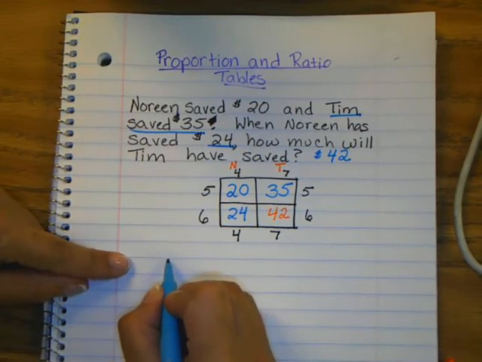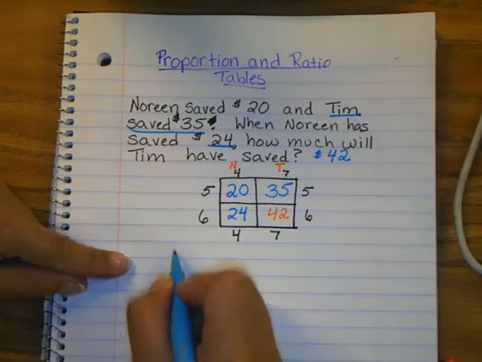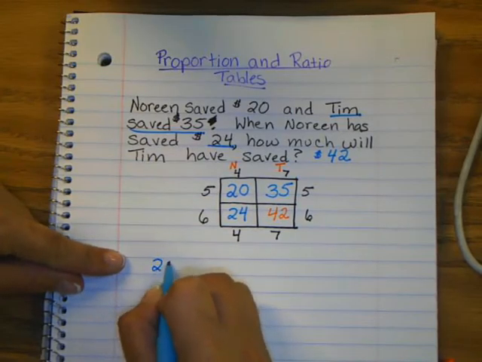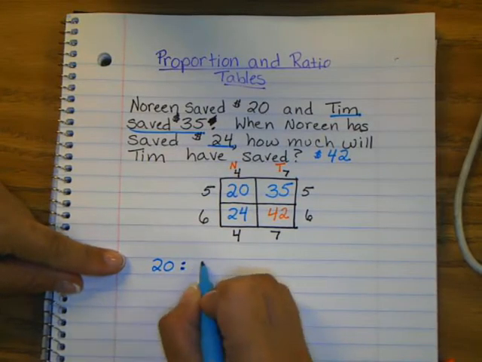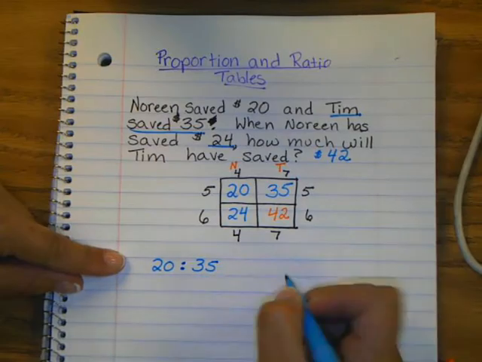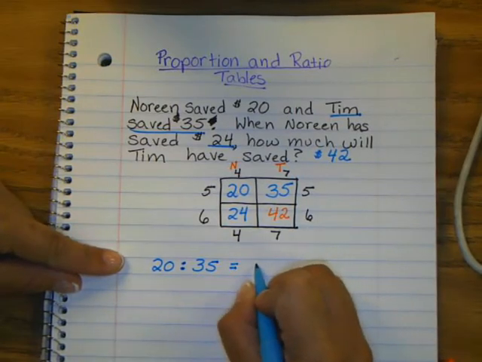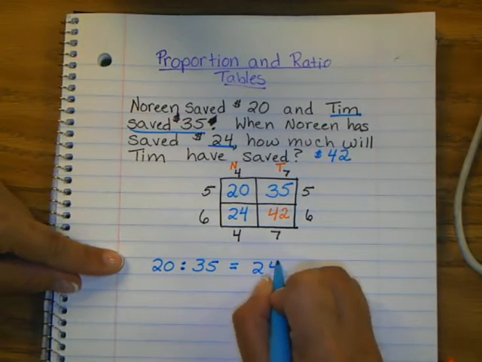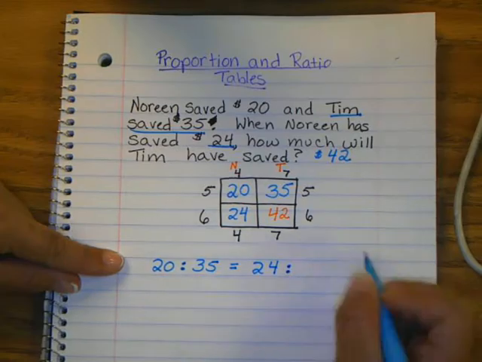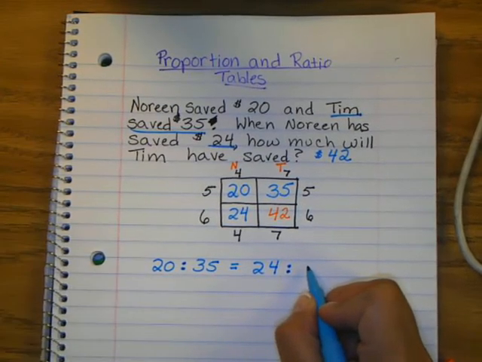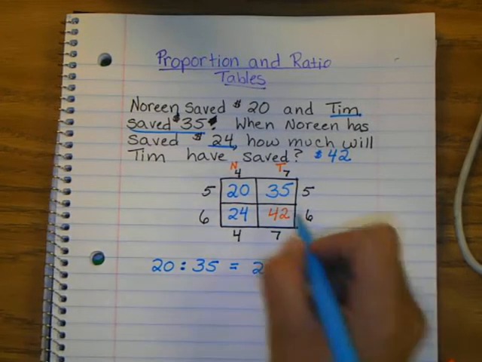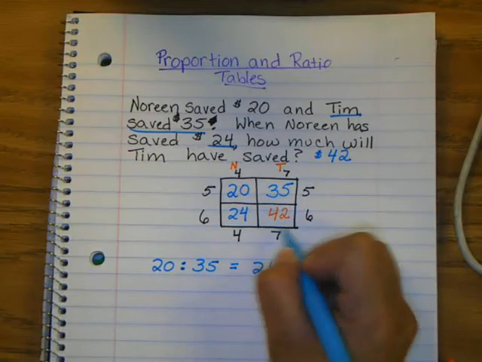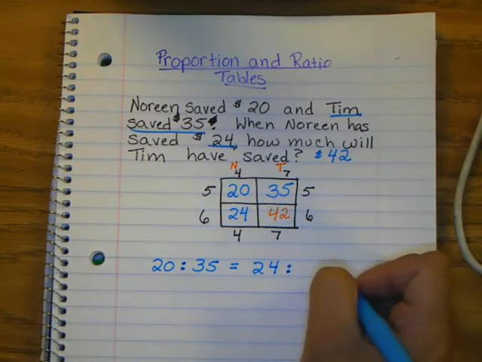So this is how I solve my proportion. In my head, what I was trying to figure out was 20/35 is equal to 24 to, what letter can I use to represent my missing factor? What do you want to use, Elizabeth?